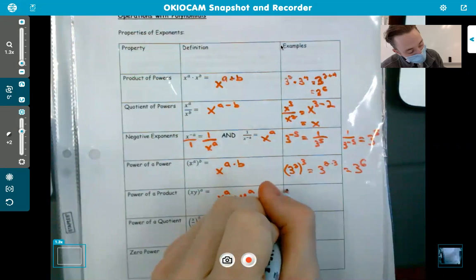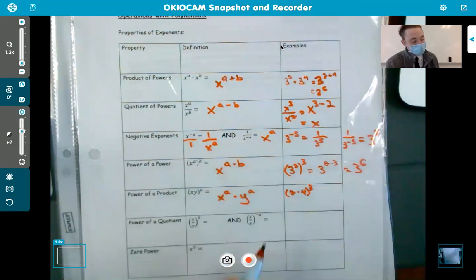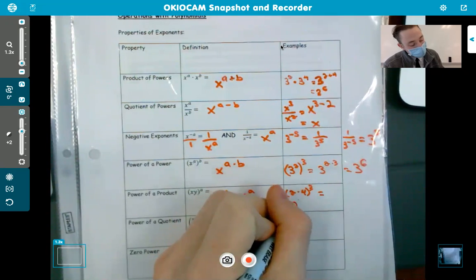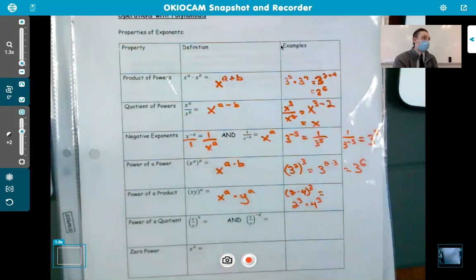As an example, you might have 2 times 4 raised to the 3rd power. Well, that would be 8 raised to the 3rd power. Or this is equal to 2 to the 3rd power times 4 to the 3rd power. And it's going to give you the same value either way that you do that. It's just a way for us to simplify.